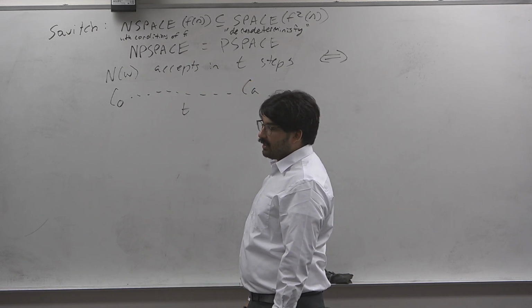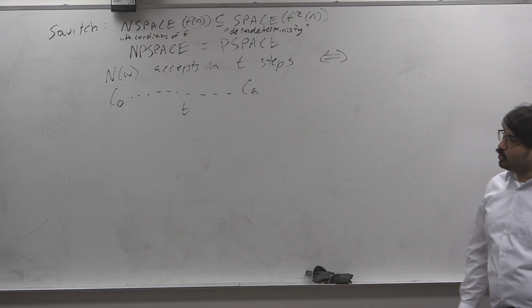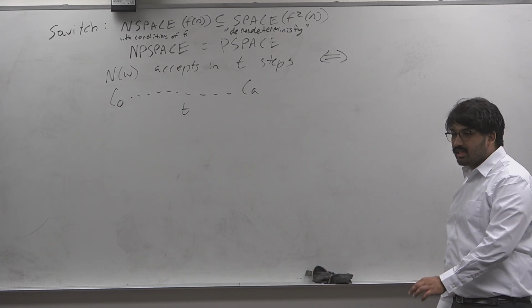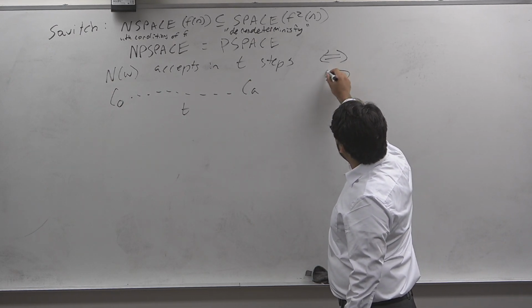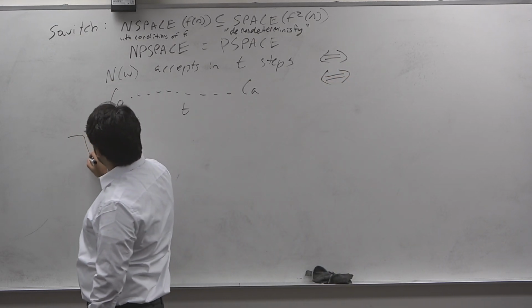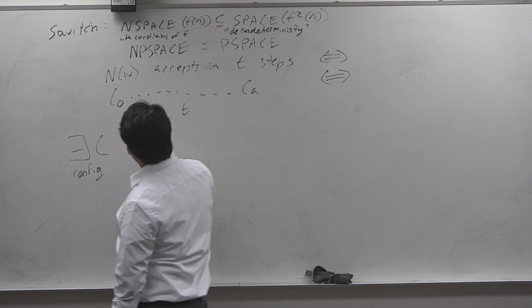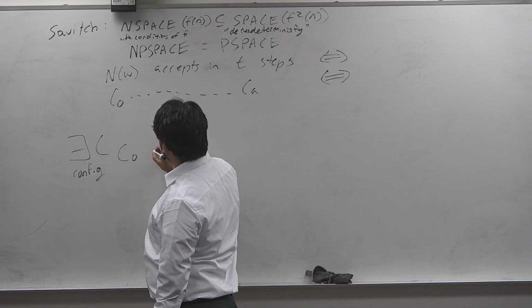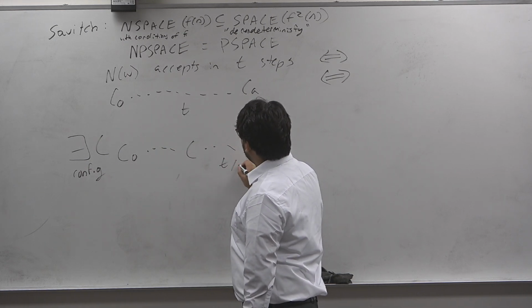The primary idea of Savitch's theorem is: if you can go from the initial configuration to an accepting configuration in t steps, that is true if and only if there exists some configuration C such that you can go from C0 to C, and then from C to C_A, each in t over 2 steps.